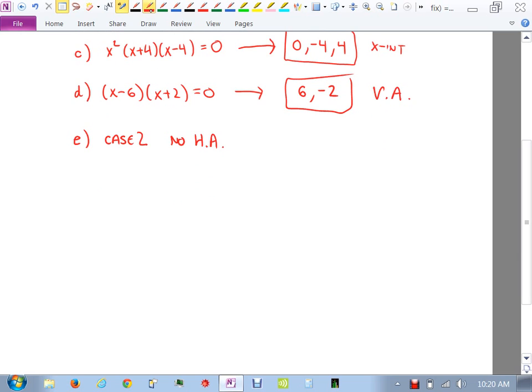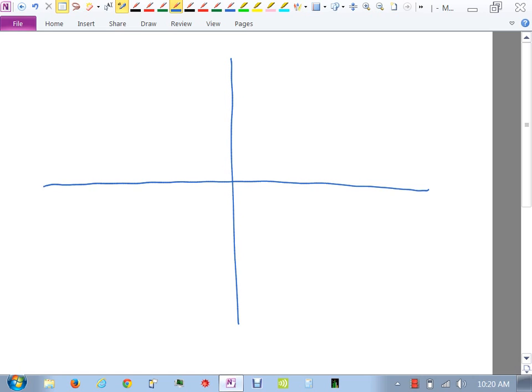Step F, plot the information. So I'm going to go ahead and start a graph on the next page. Help me out. X-intercepts, where were they? 0, 4, -4. 1, 2, 3, 4.